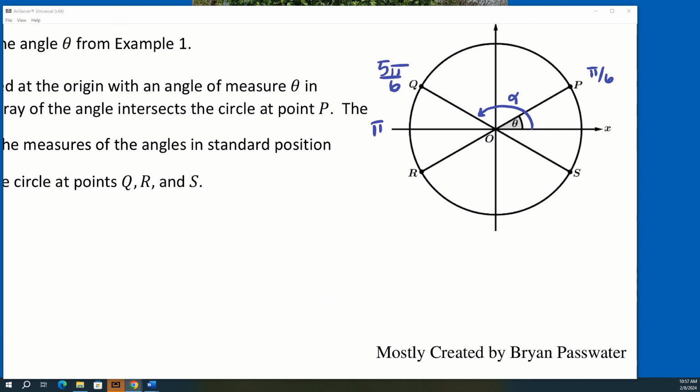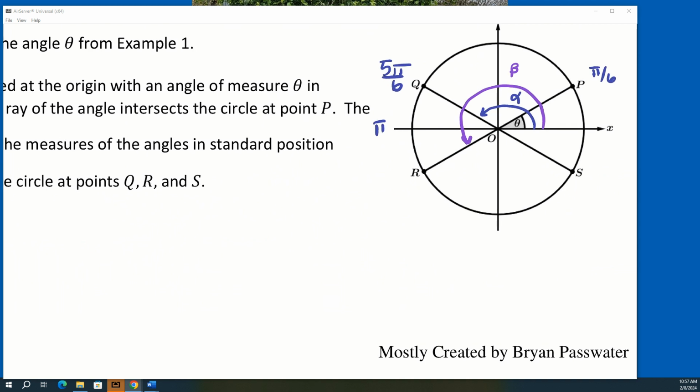All right, we're also going to find beta. That's going to start at the positive x-axis and rotate to the line that has Q. So what are we going to do this time? We're going to add it to what, pi? Very good.